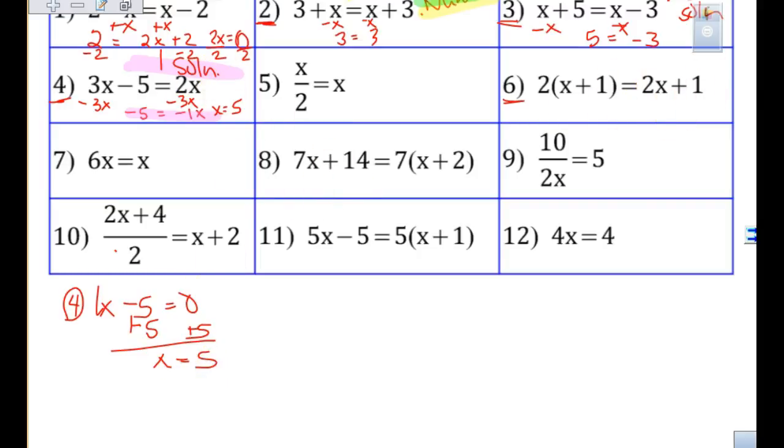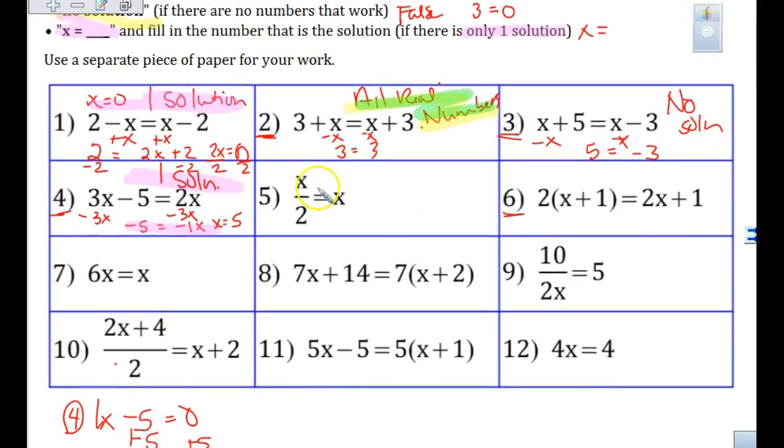Let's look at number 5. What do I have to do to get rid of division by 2? The opposite of dividing by 2 is multiplying. So please show multiplying by 2, and we're going to put 2 over 1 on this side, and over here we're just going to put times 2. If I'm multiplying this side by 2 over 1, the 2's cancel, that's the same as 1 over 1, and I'm left with x equals 2x.